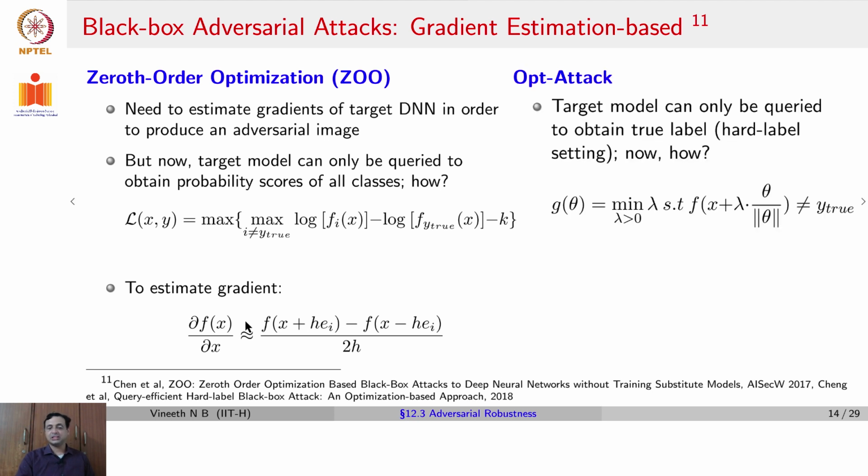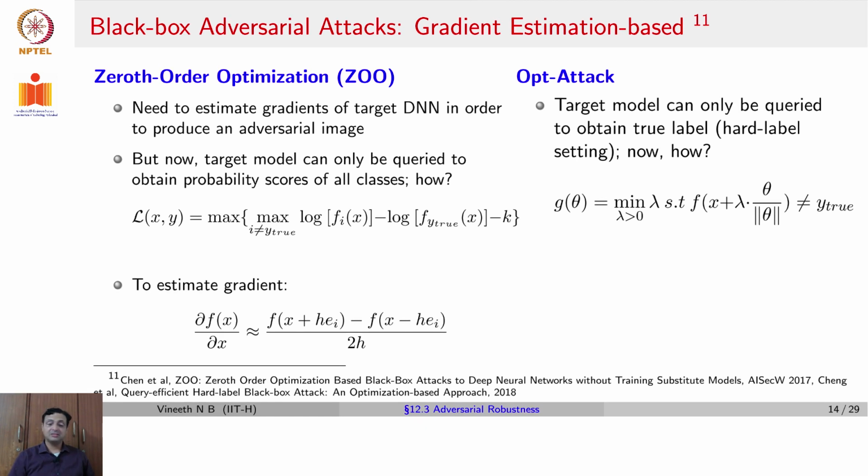Another approach in this direction is called the OPT attack, where the target model here can only be queried to get the hard label, not even the logits. Remember, in the ZOO approach, we said you could get the probability scores or the logits of the model. Now we say even that is not available. You can only get the winning label.